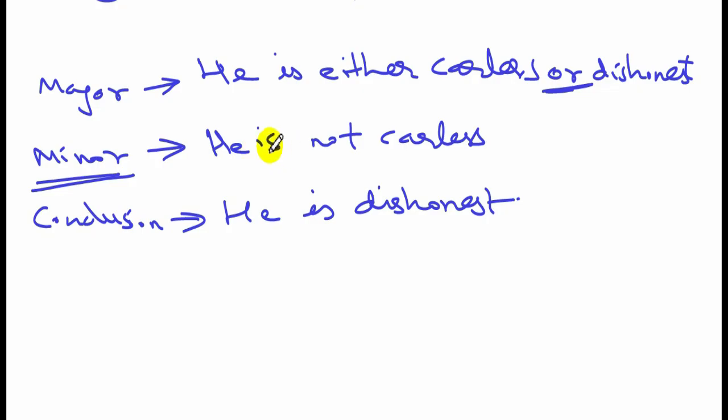On this basis, there are two forms of disjunctive arguments.